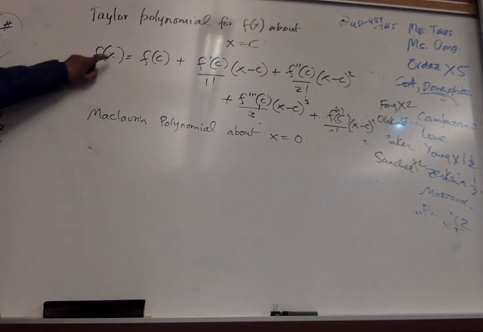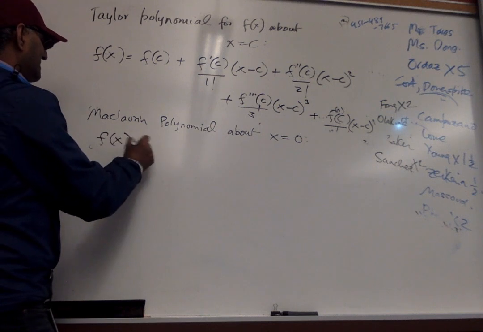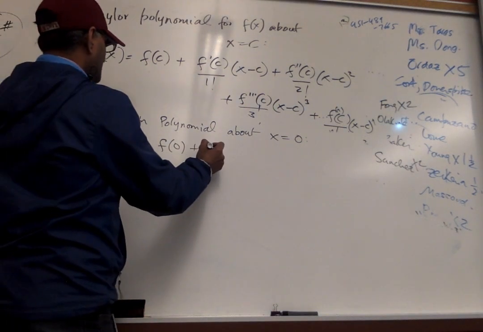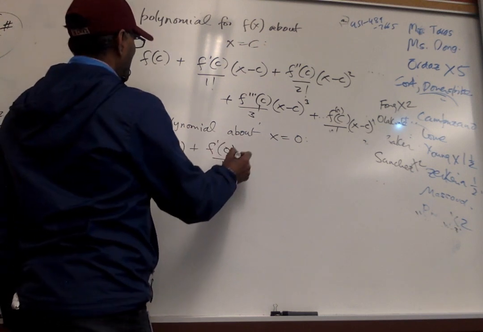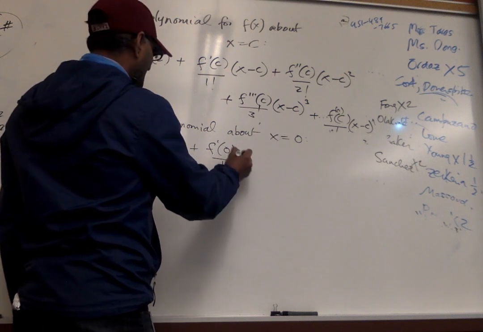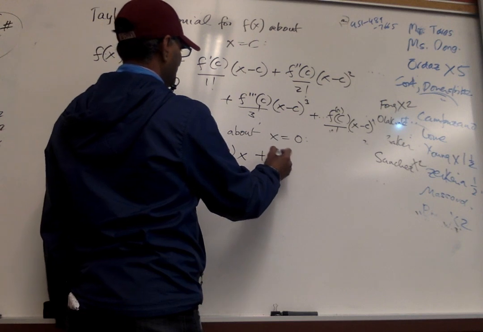So I'm just going to plug in c to be 0. So it becomes f of x equals, what does the first term become? f of 0 plus, what does the second term become? Look down. f dash of 0 over, and then x minus c becomes? Thank you. x. What does the third term become?